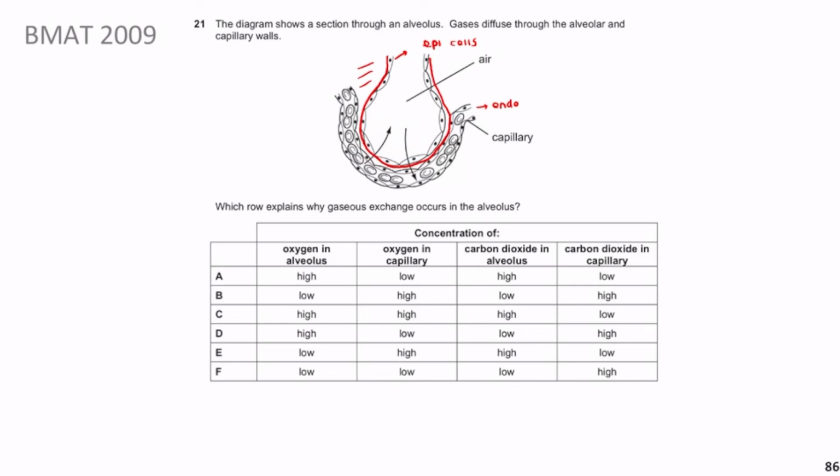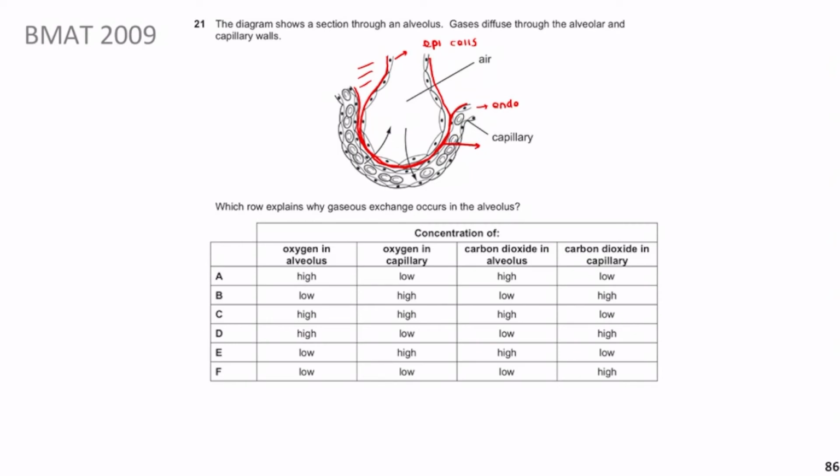And again, endothelium, guys, as with everything, is also bounded by a basement membrane. So something like that. And essentially, the cool thing about this alveoli, guys, is that the basement membrane for the endothelium and the epithelium are connected. As you can see over here, they're connected. And the reason why that's important is to minimize the diffusion distance. Remember, the diffusion distance is inversely proportional to the rate of diffusion by Fick's law of diffusion.